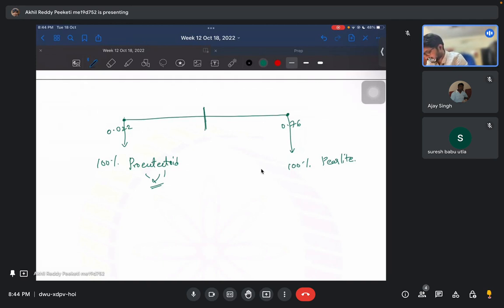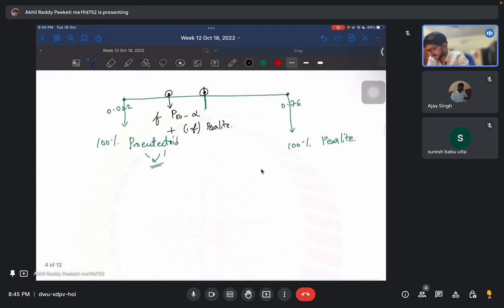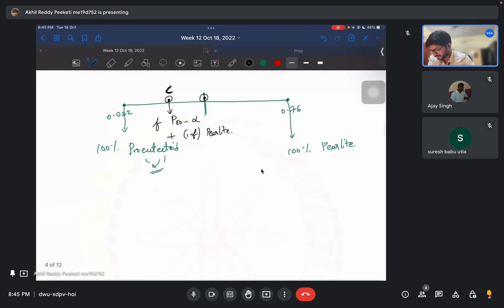So if you are here, or anywhere in between these two, once you cool down, you will get some fraction of primary alpha or pro-eutectoid alpha plus a fraction of perlite. Now, let's say the carbon concentration is C in that case.